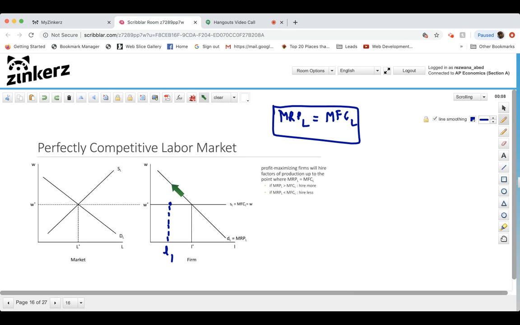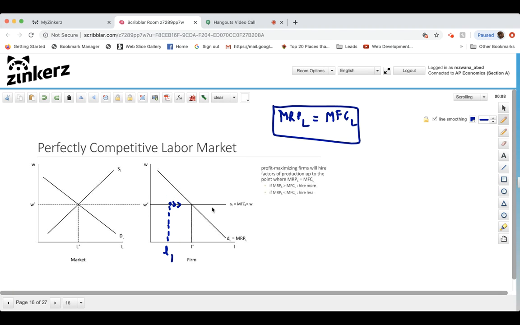The MRP is over here and the MFC is right here. That means that the additional revenue that a worker can bring is higher than the additional cost for a worker. So if that is ever the case, you should definitely hire more. This is basically telling you that you should still keep hiring more labor.